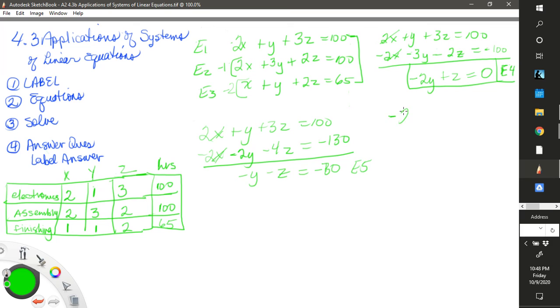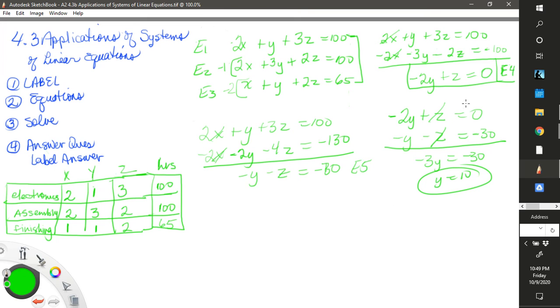All right, we're going to put those two together and cancel. There's my E4 and E5: negative 2y plus z equals 0. The z's cancel, and we get a negative 3y equals a negative 30. Y equals 10.